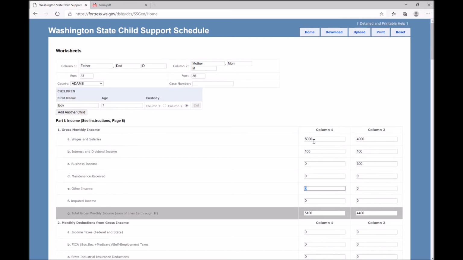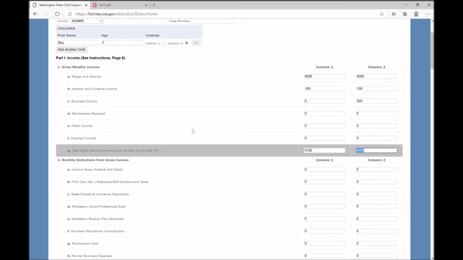Nobody receives any maintenance. There is no other income. There is no imputed income. Of course, feel free to enter these numbers as the case may be in your scenario. In this example, we're just assuming these numbers are zero. The total gross monthly income is computed as 5,100 for the father and 4,400 for the mother. Anything that's in gray is automatically computed for us.